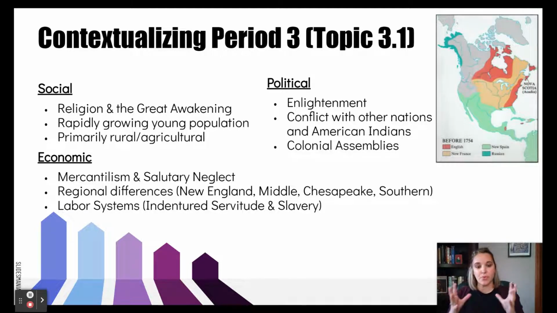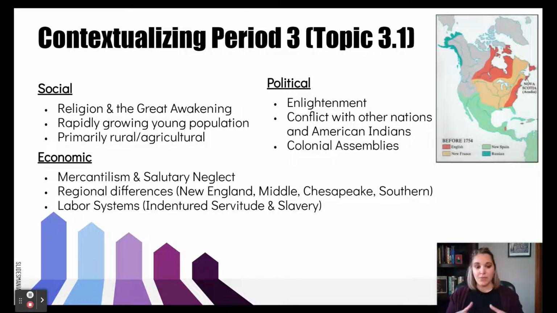So to start, we want to contextualize. This is the skill where we look at the broad ideas, the developments, the processes that are happening in the time period and how that affects the content of the unit. So I like to look at this as far as social, political, and economic circumstances. So you want to remember that religion and the Great Awakening are having a major impact in North America at this time.